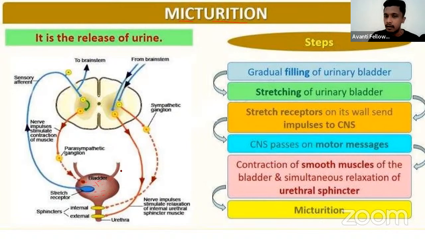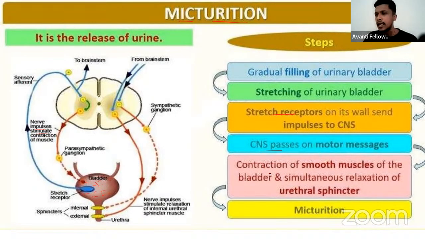That will trigger the switching on of the stretch receptors. Once the stretch receptors are on, they will stimulate an impulse of this filling of urine, and it is carried to the central nervous system.